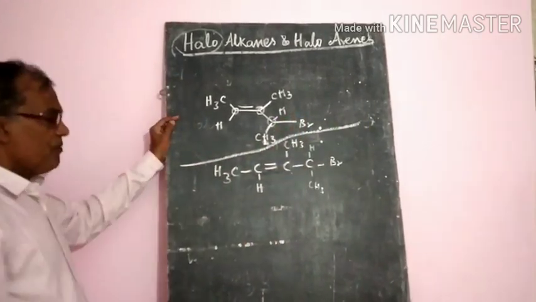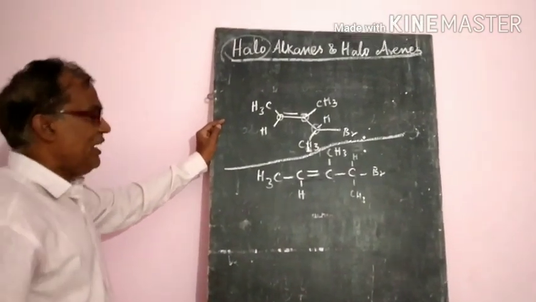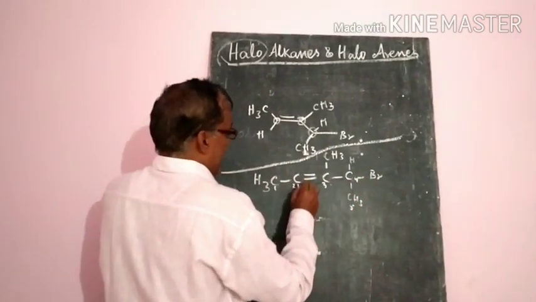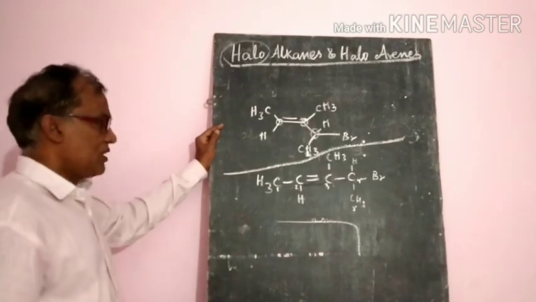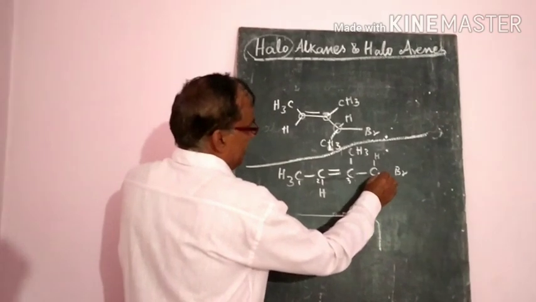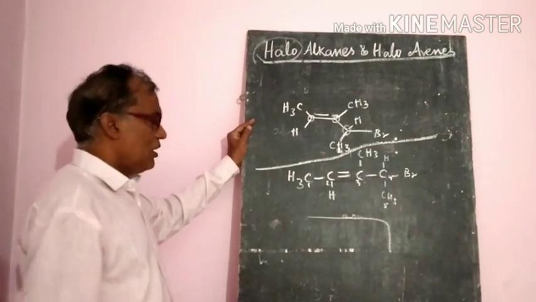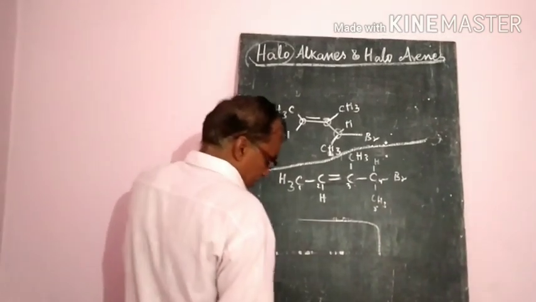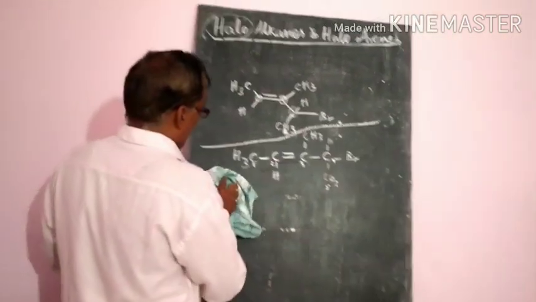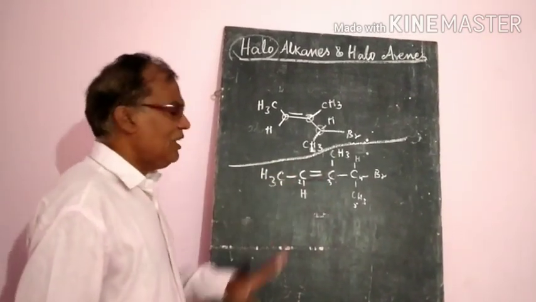Then find out the longest carbon chain. If you start from here: 1, 2, 3, 4 and 5. Like this we can also take the structure. Or if you take it like this, 1, 2, 3 and 4, and this is a branch, so it is not coming, it is only 4. So the longest chain is 5. Then you can give the name of this compound. Whenever you are naming the compound, first of all you have to follow alphabetical order.